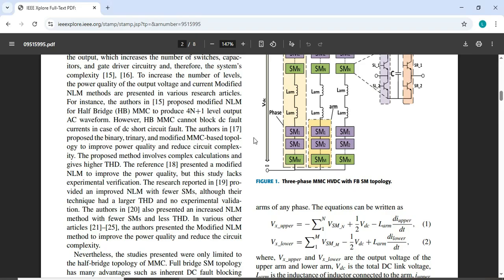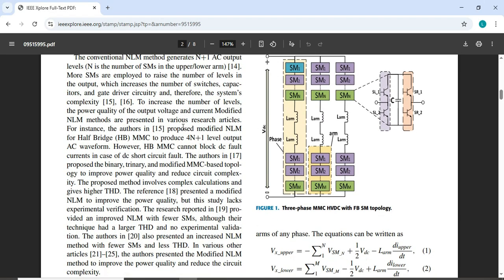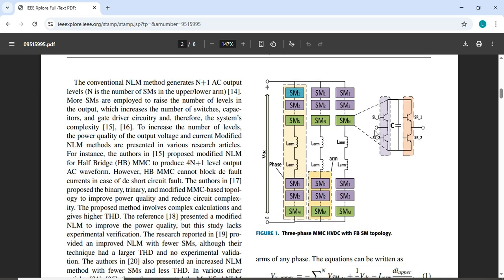You can learn how I am doing it. This is my theory. Here you can see these four submodules are connected in series, and I have named each submodule, say, connected back to back.